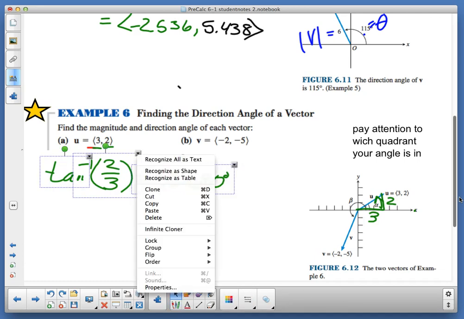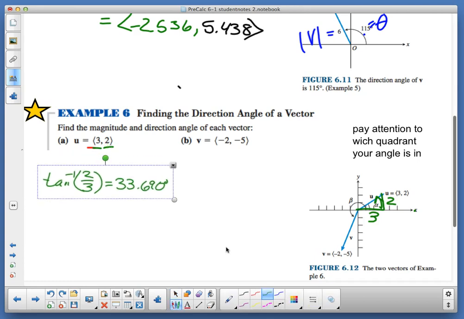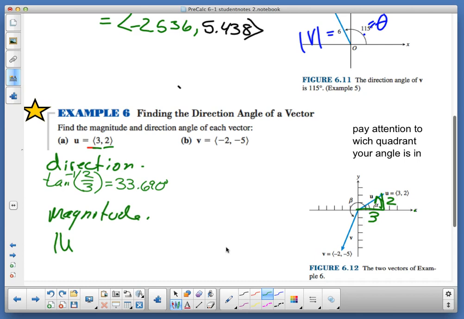I get that grouped. As they asked me here, find the magnitude and direction of the angle. Well, I got the direction, right? Are you all right with that? Magnitude. Okay, now keep that in mind.